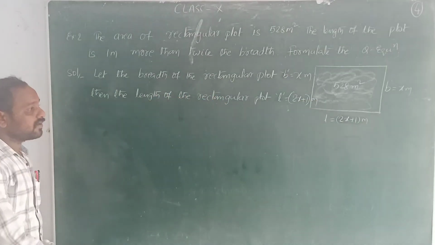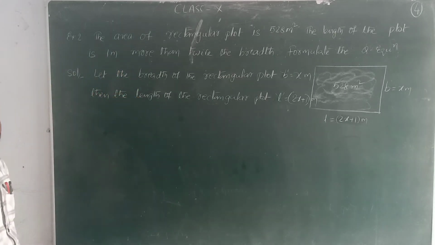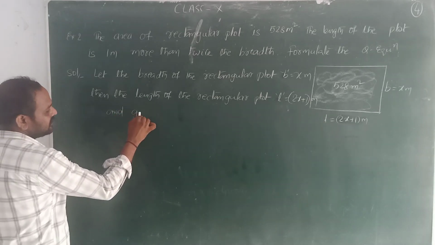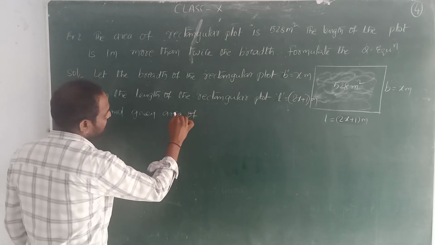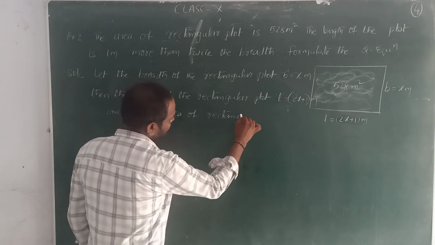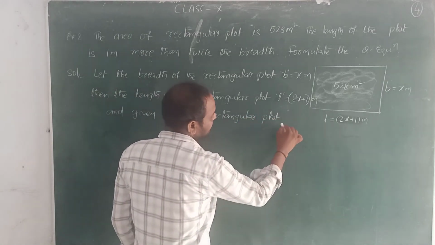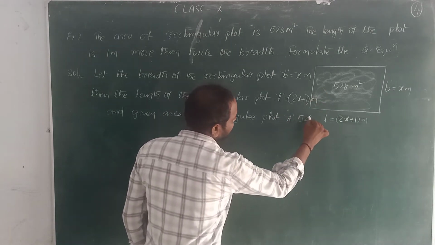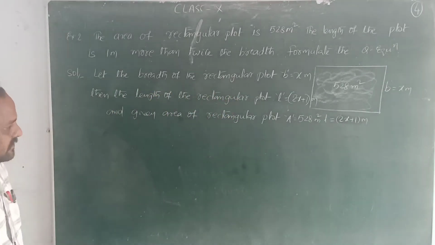Also given, area of rectangular plot A is equal to 528 meters square.